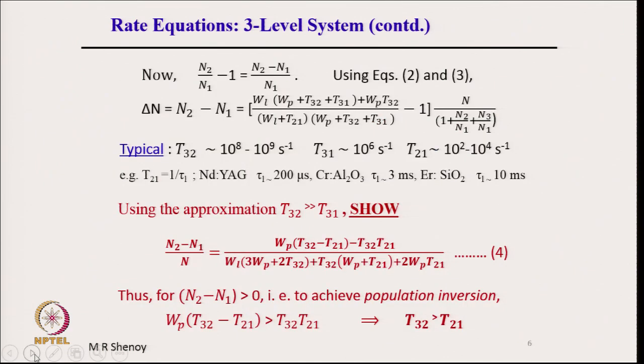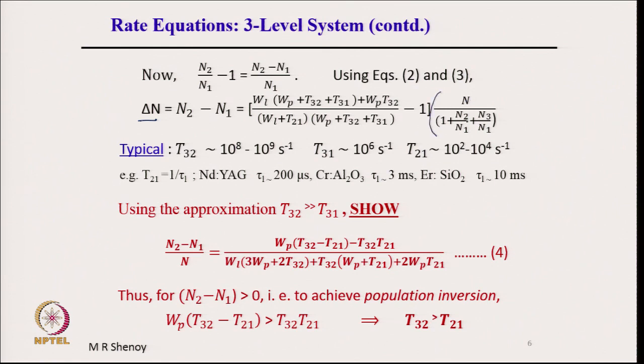So, let us continue further. N2 by N1 minus 1 is equal to N2 minus N1 by N1. Why are we interested in N2 minus N1? Because we want to get population inversion, which means N2 should be greater than N1. Therefore, if we call N2 minus N1 as delta N, then N2 minus N1 is equal to N1 into N2 by N1 minus 1.